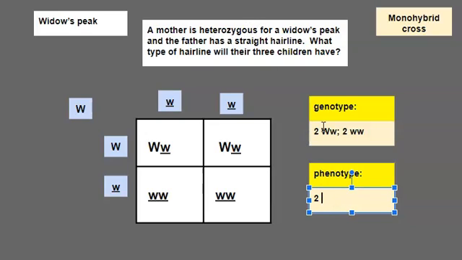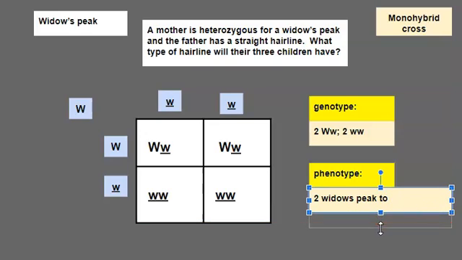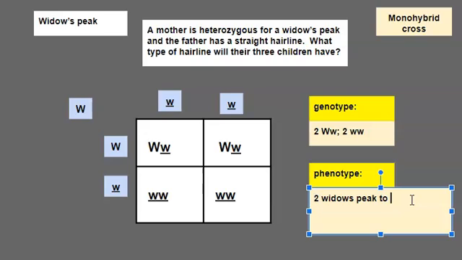So big W, little w would give us widow's peak. So we have 2 widow's peak. To little w is straight hairline. So I'm going to make this box a little bigger. To 2 straight hairline.